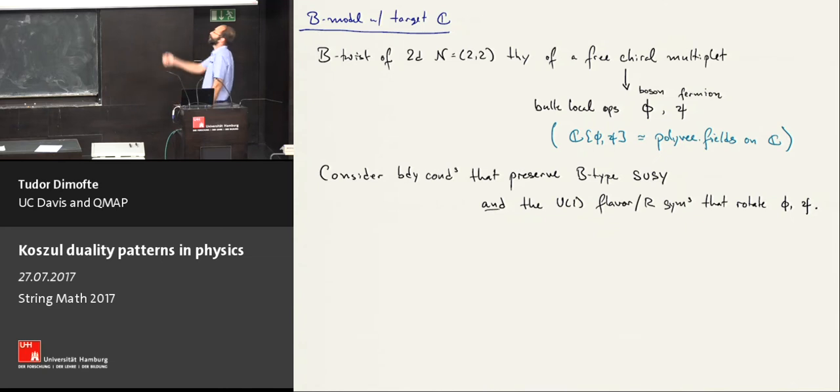So the algebra of operators in the bulk is just a graded commutative algebra, polynomials in a boson and a fermion. And if you're thinking in B-model language, you want to identify that with polyvector fields on C.